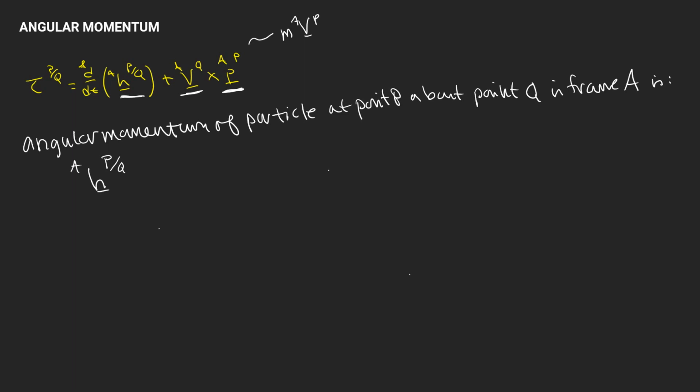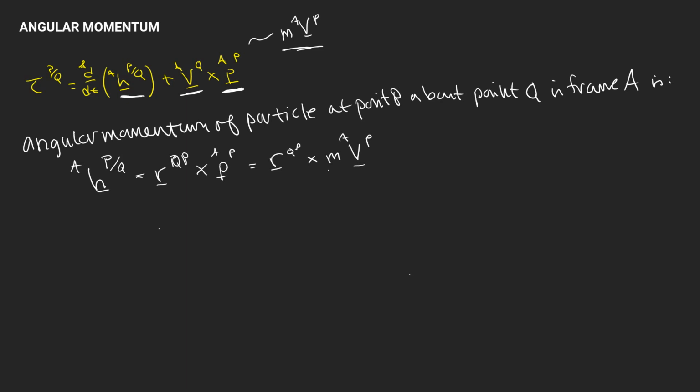And again, this is in frame A. And this is equal to r_QP crossed with the linear momentum of point P. And so this we can then write out as r_QP crossed with m times velocity.